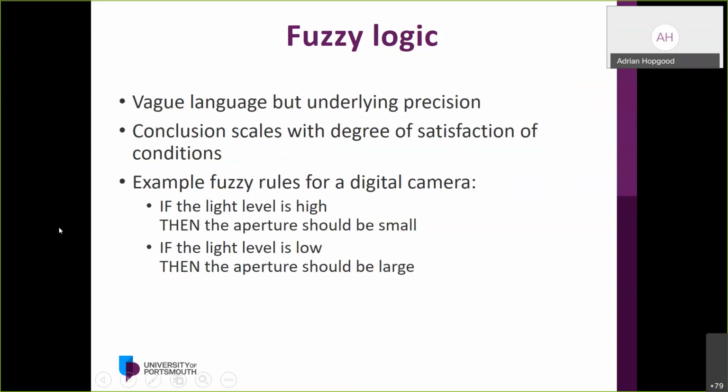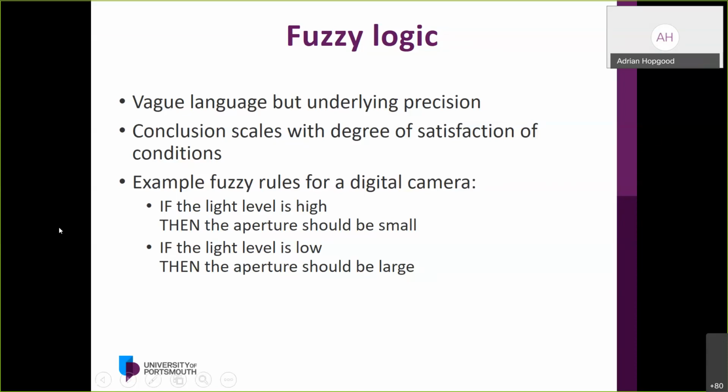So to give that a bit of context, let's think of an explicit example. A very simple example, but in fact an example of where fuzzy logic is actually used in everyday life. So let's think of a digital camera like you might have on your phone. That camera adjusts the aperture size according to the light level.